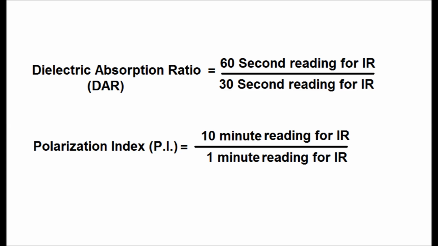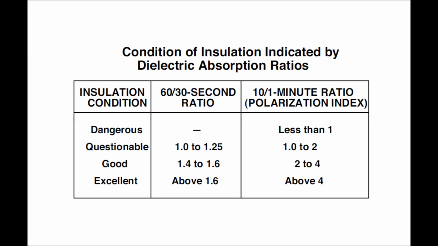Another parameter is the polarization index, PI. It is the ratio of the insulation resistance measured at 10 minutes to the insulation resistance measured at 1 minute. So what conditions of the insulation are indicated by the DAR and PI?